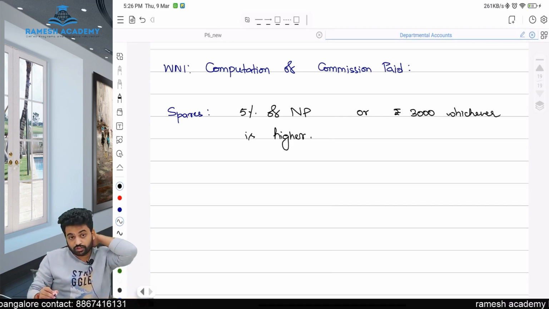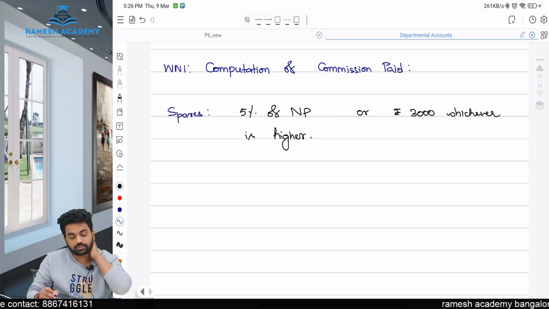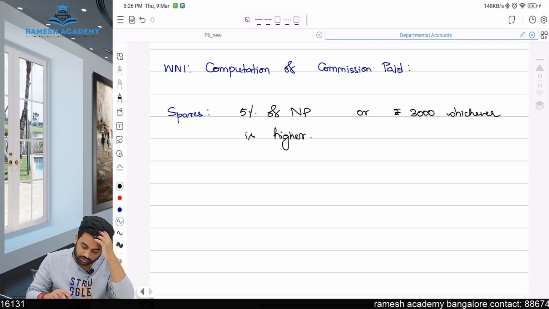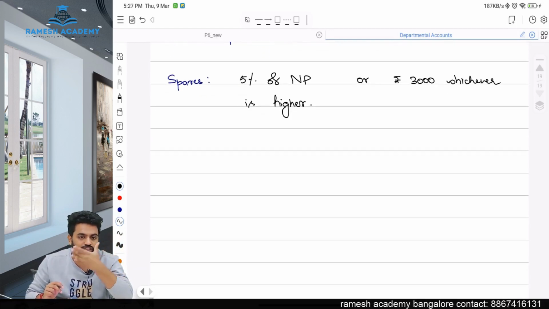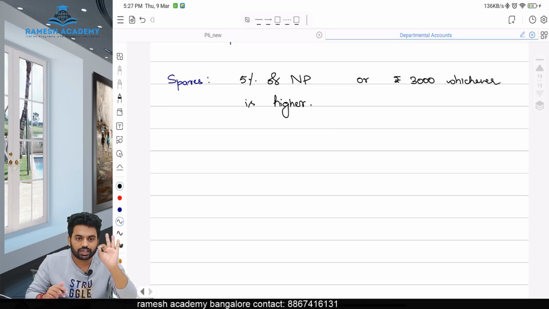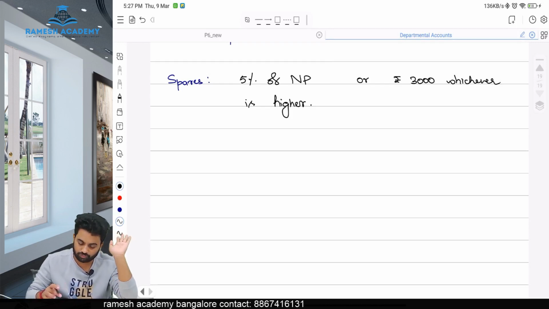Now we have to find out how much is 5% of net profit. We don't know how much was net profit before charging commission, but the net profit after charging commission we know.